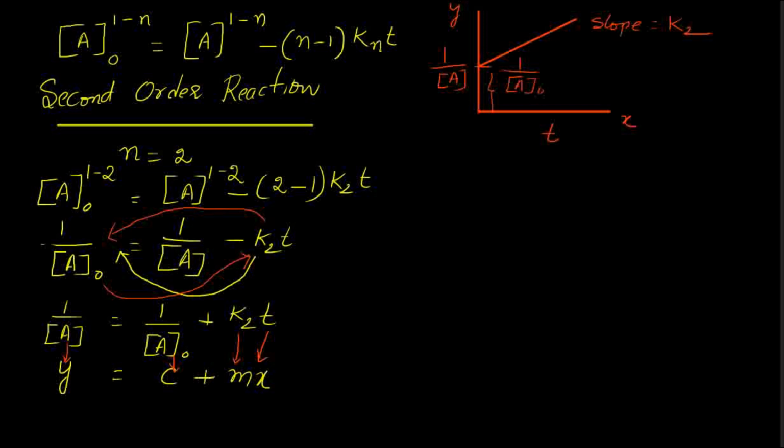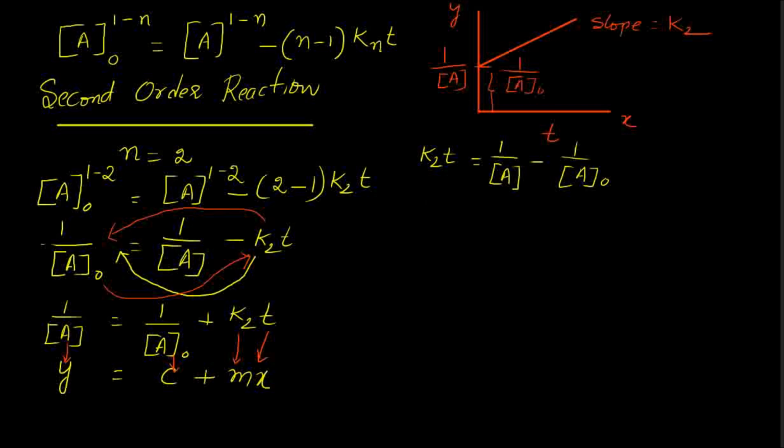So these two groups on rearrangement we get k2t equals to 1 by a minus 1 by a naught.